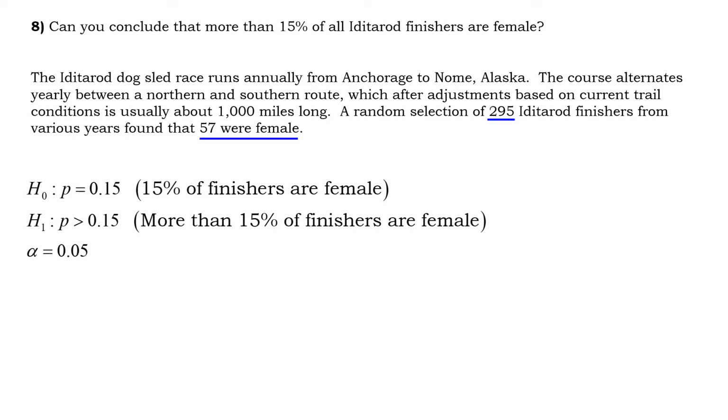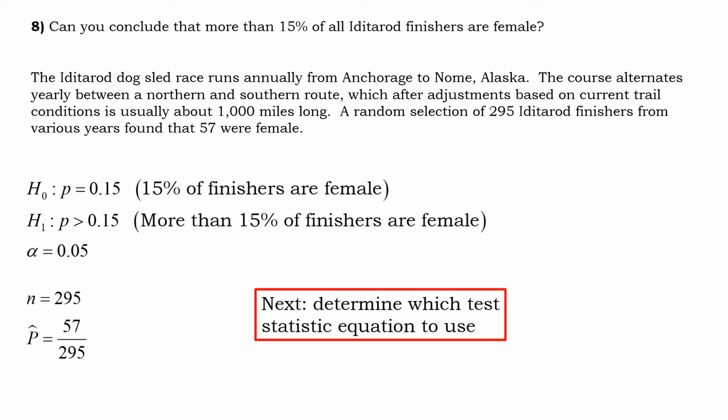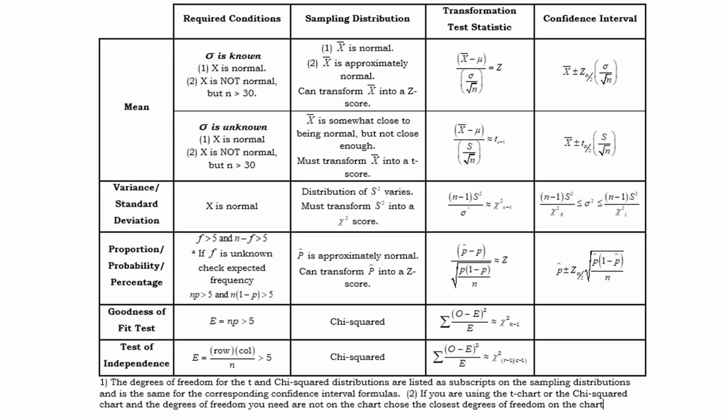We were told that 57 of the 295 were female. So we have a sample size of 295, a sample proportion of 57 out of 295. Next, we're going to find the equation. So we got to go back to our formula sheet.